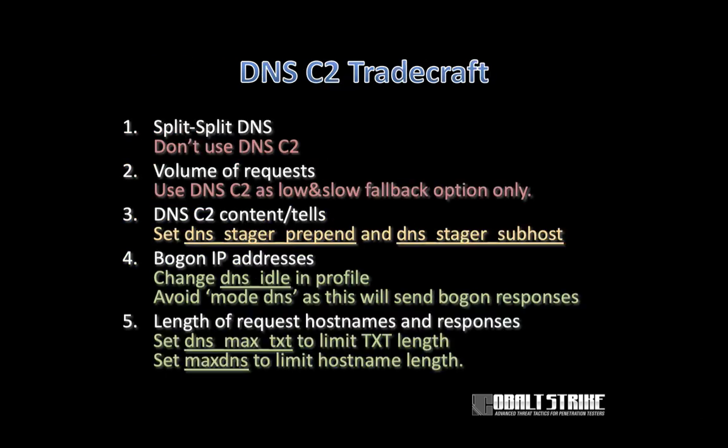So here's how I recommend that you deal with this state of affairs. If you're in a network that does split-split DNS, don't use DNSC2. It's off the table. If you're in a network that is well instrumented to look for a volume of requests, I would use DNSC2 as a low and slow fallback option only.